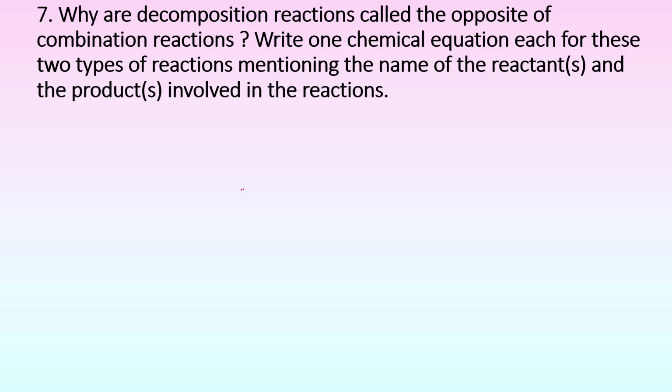Next, question number 7. Why are decomposition reactions called the opposite of combination reactions? Write one chemical equation each for this type of reactions. Mention the name of the reactants and the product involved in these reactions.